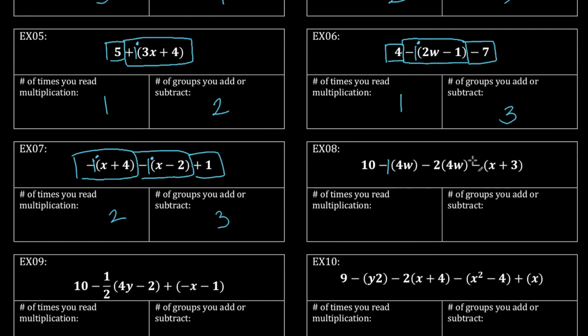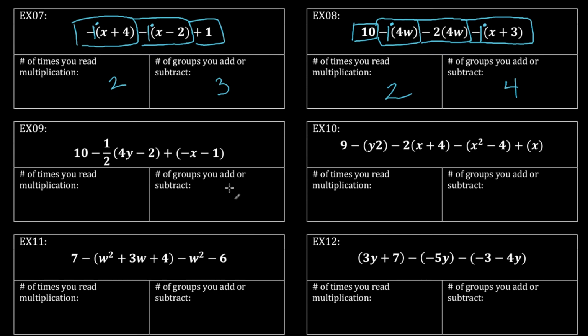Let's put our 1s. So negative 1 times 4w, negative 1 times x plus 3. We start off with 10. We take away 4w, we take away 2 times 4w, and then we take away x plus 3. So we had 2 multiplication and 4 groups.